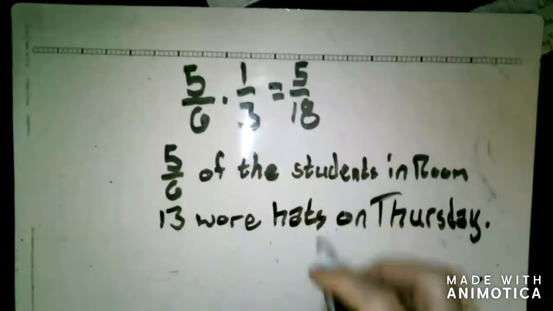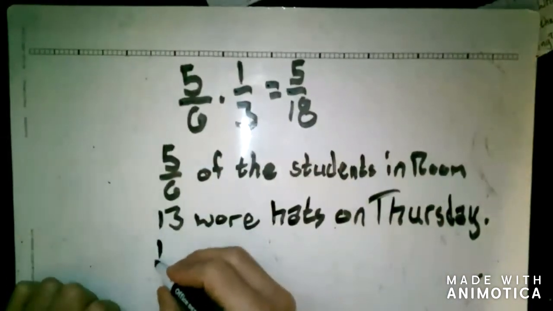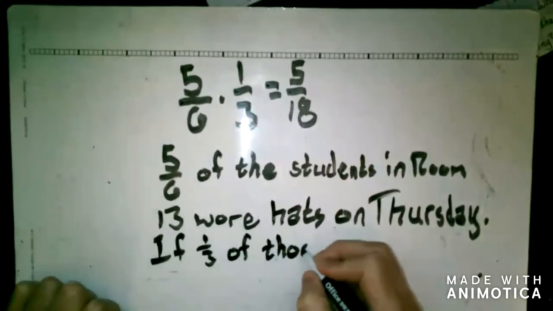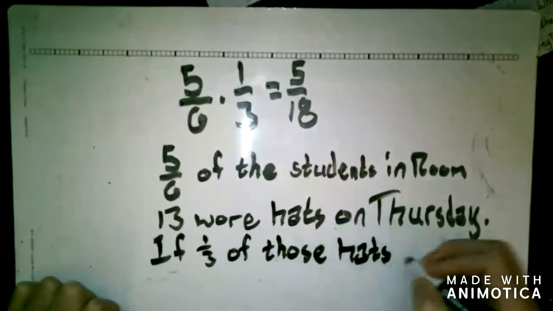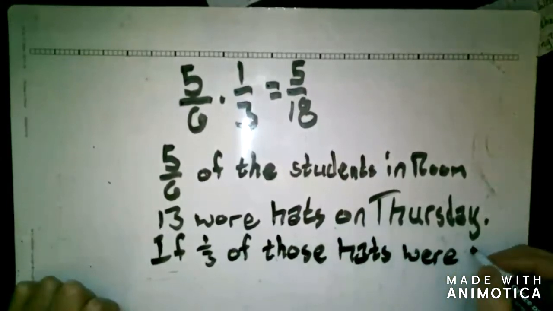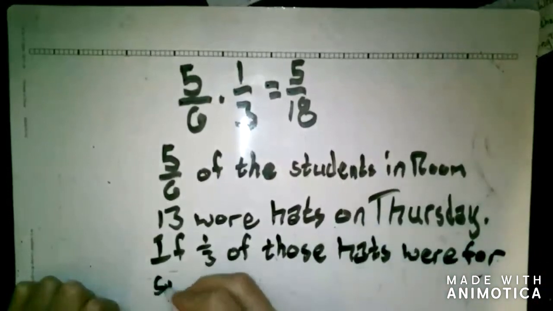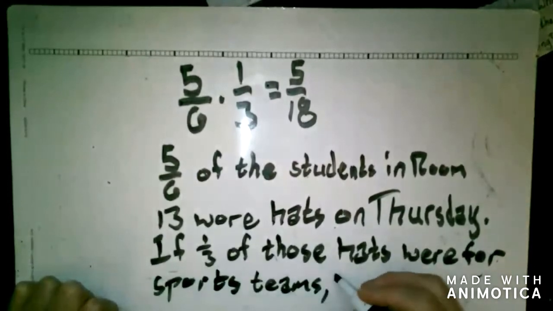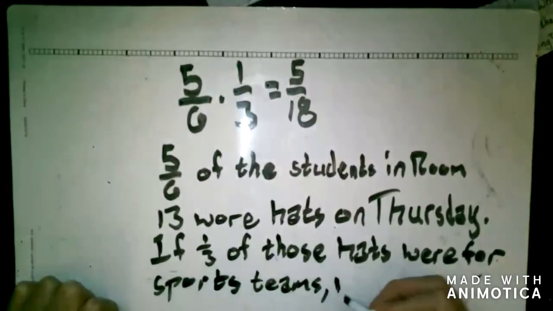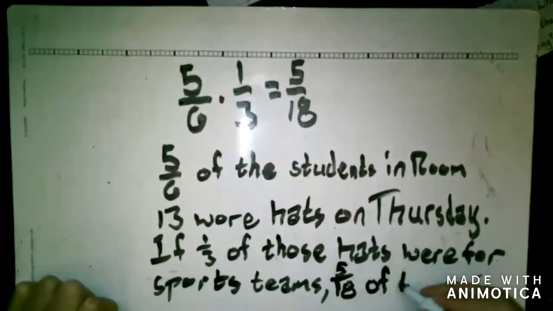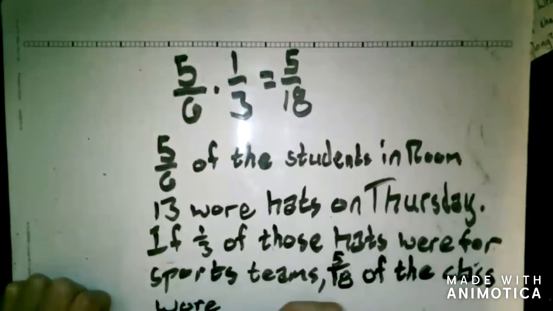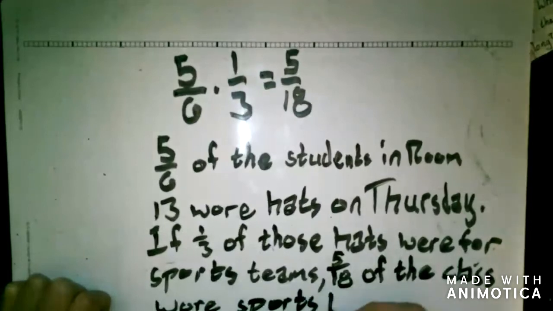Now I need something to be a group of 1/3. So I can say, if 1/3 of those hats were for sports teams, then I can say 5/18 of the class wore sports hats.